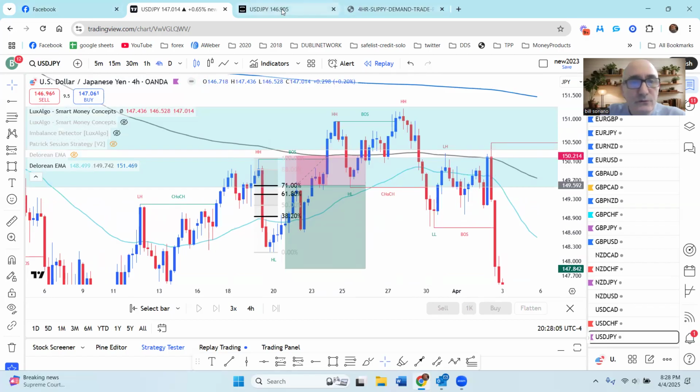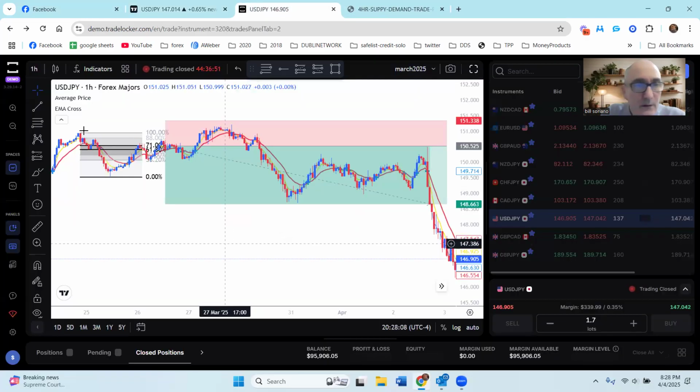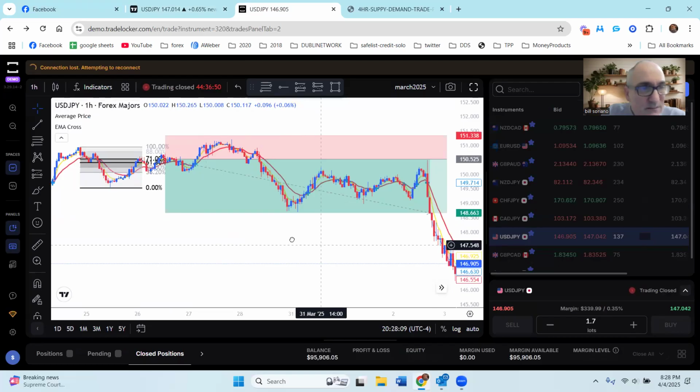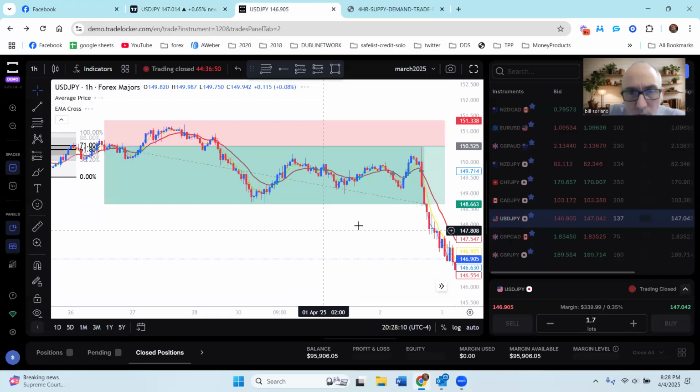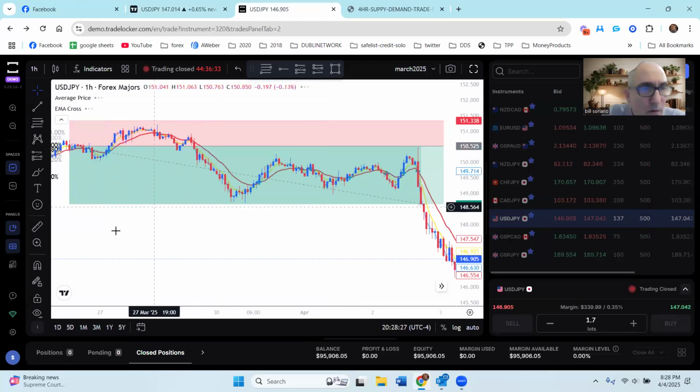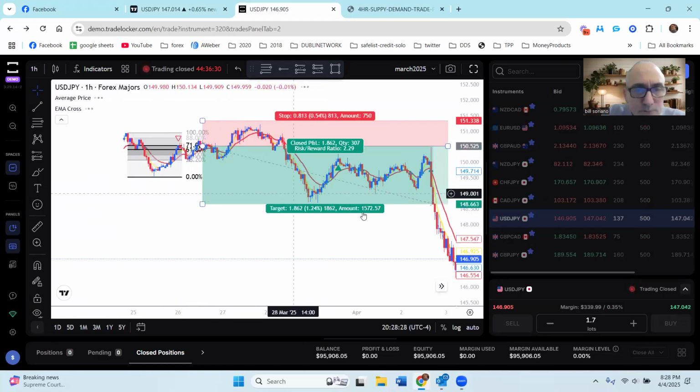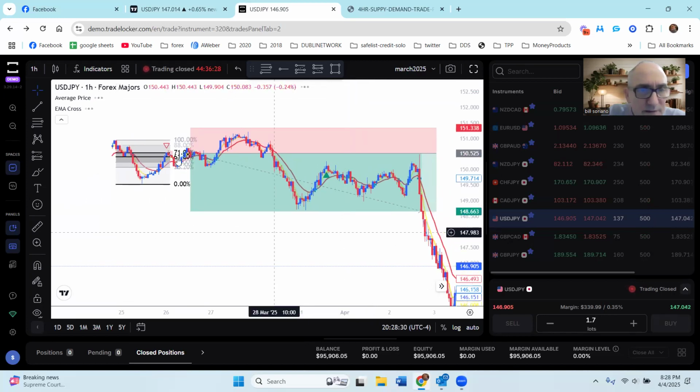If we go to Trade Locker, okay, you can see Trade Locker will show you where I got in the trade and where I got out. So you can see here, I got in the trade right here.